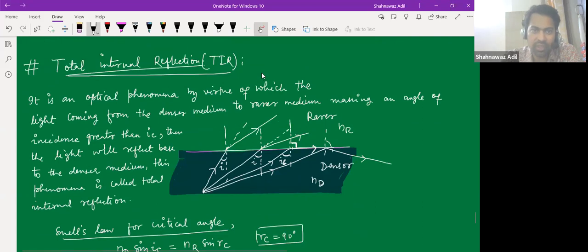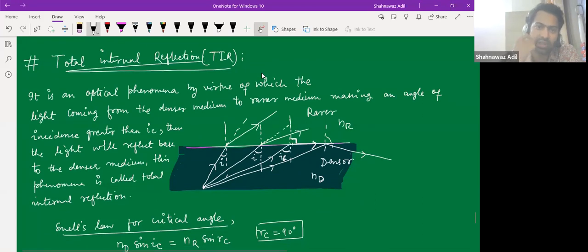No, sir. Yeah, please note it down, and then we will talk about the use of this TIR. Whenever you want me to slow down, please tell.